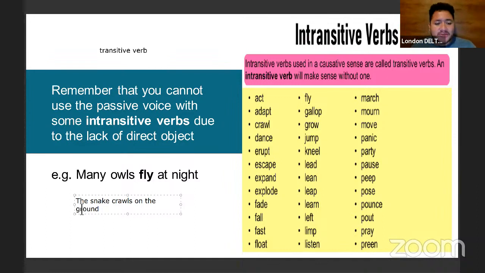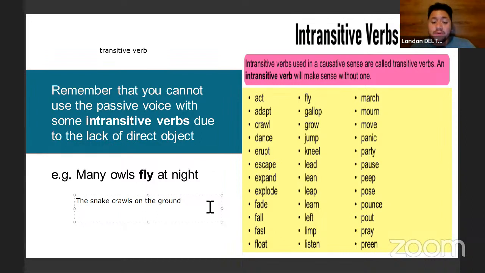Entonces, bueno, la serpiente no arrastra nada, se arrastra ella misma, right? Si existe el verbo arrastrar algo que sería drag. Drag es un verbo transitivo. Drag es arrastrar algo, right? But in this case of crawl, it's just arrastrarse uno mismo en el suelo, ¿ya?